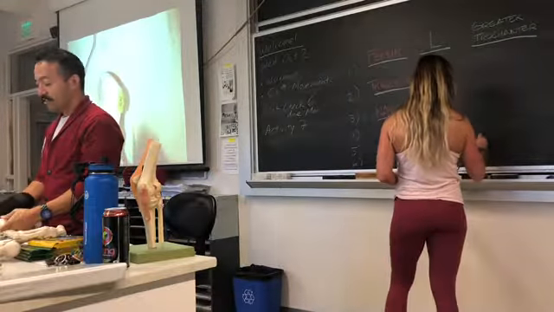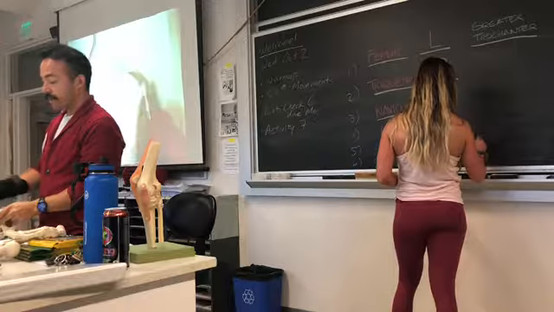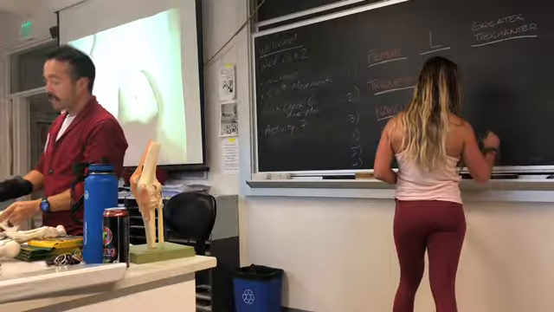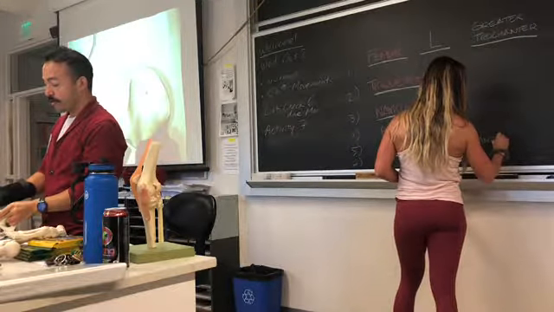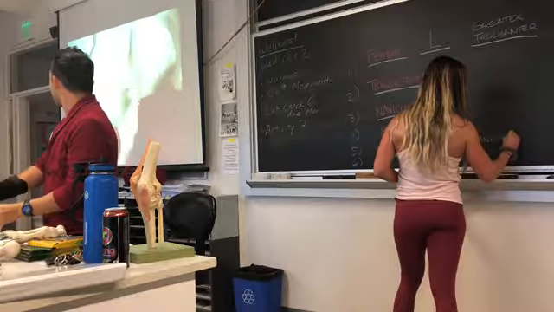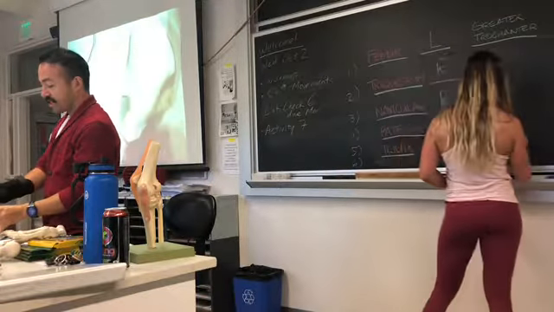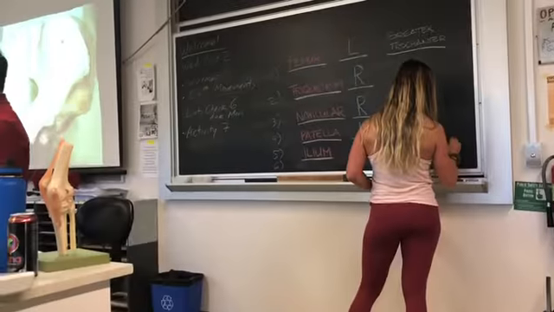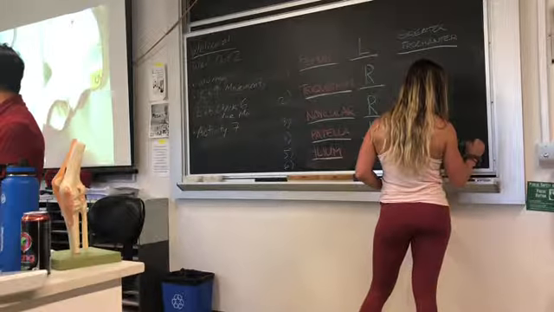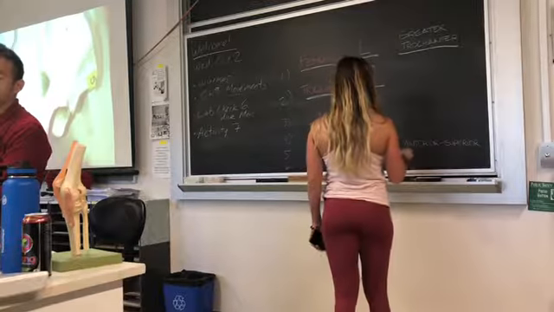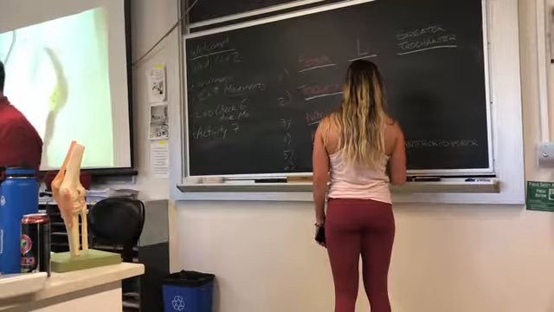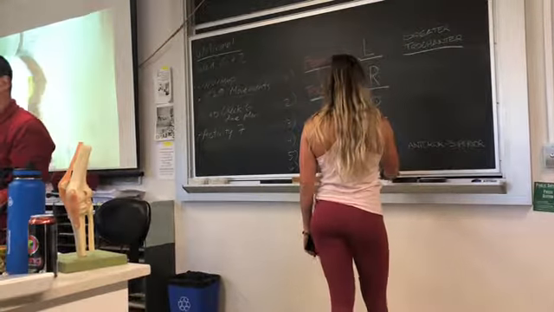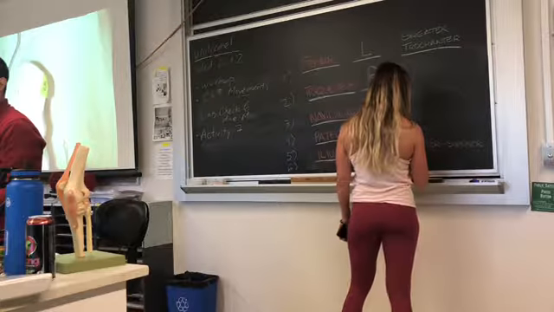Anterior superior iliac spine. Iliac crest, posterior superior, posterior inferior, greater sciatic notch, ischial spine, and then ischial tuberosity. That's where you sit up. So yeah, anterior superior iliac spine.